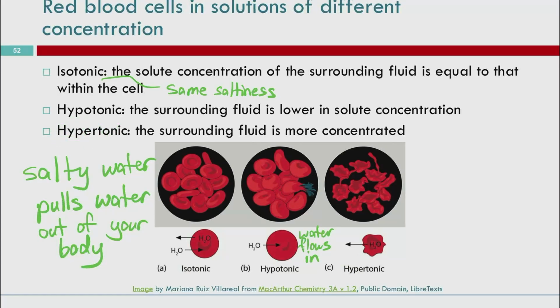If you put stuff in that's got too much salt in it, the surrounding fluid is more concentrated and water is pulled out of your cells, and then they look evil. They look less evil than the old slides. The old slide looked really evil, which is fun. That's kind of interesting, I think.